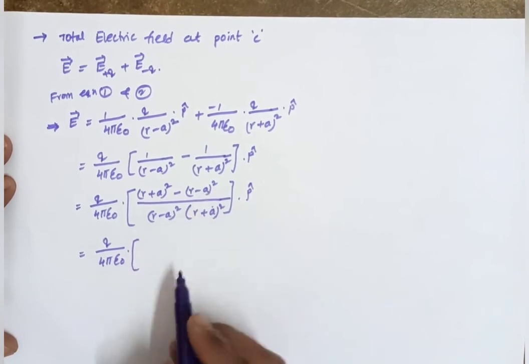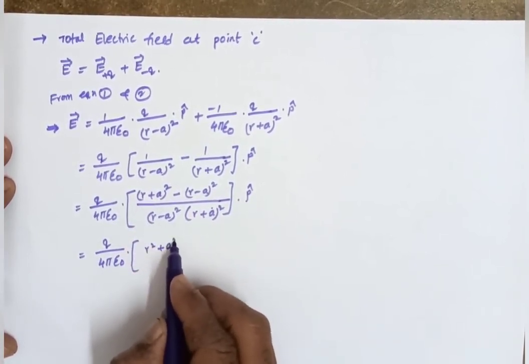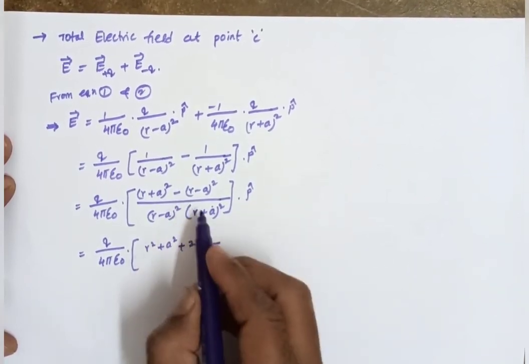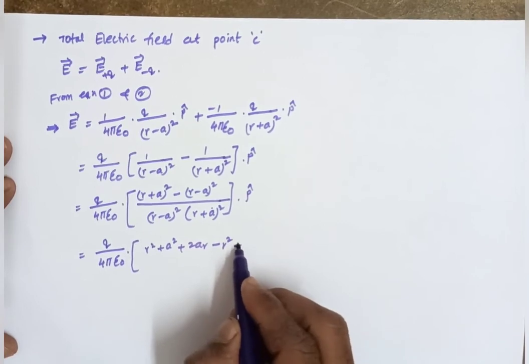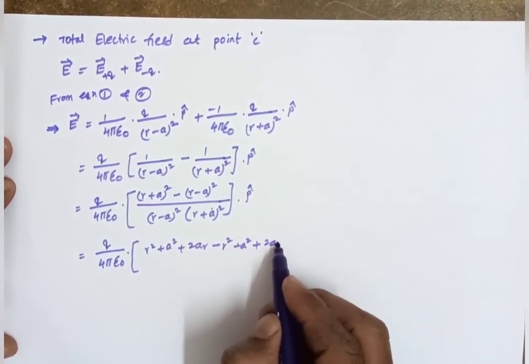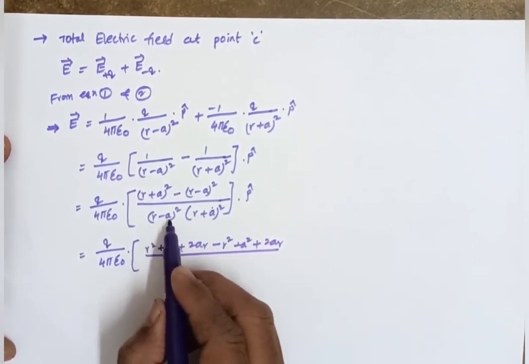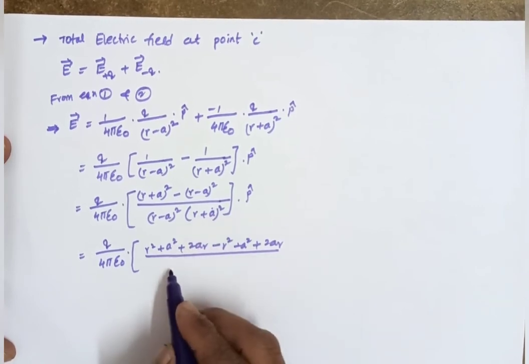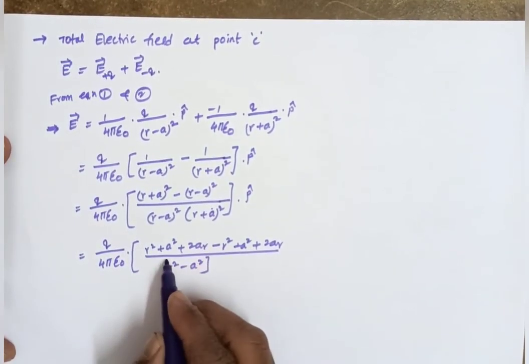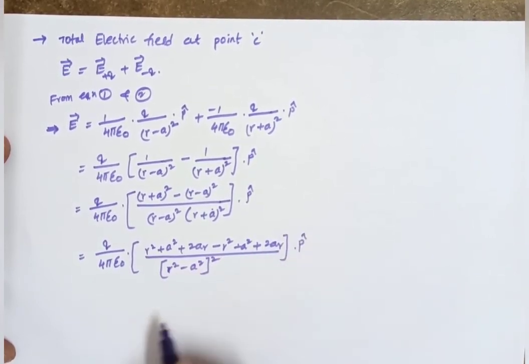We can simplify this: R square plus A square plus 2AR minus of R square minus A square plus 2AR, divided by, this is like A minus B into A plus B whole square, so R square minus A square whole square, into P cap.